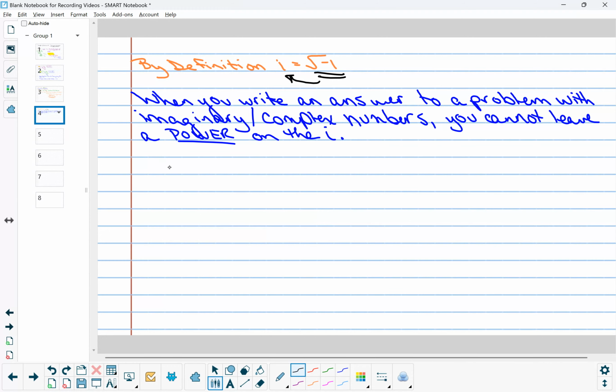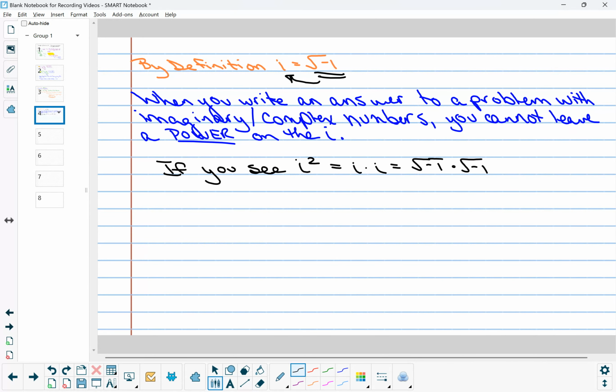But then if you see i squared, well, that's equal to i times i. And i times i is equal to the root of -1 times the root of -1.